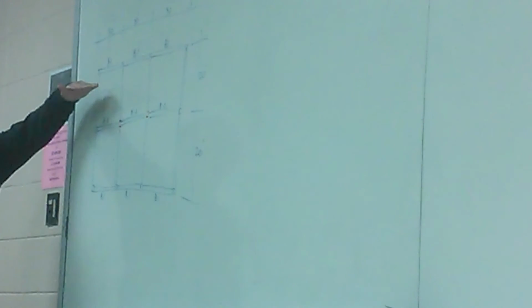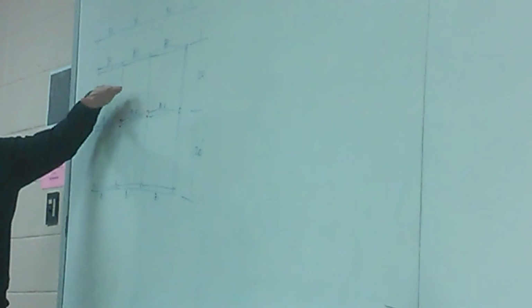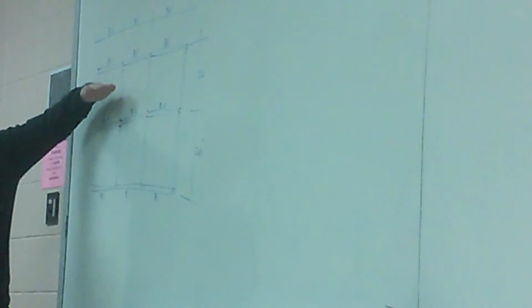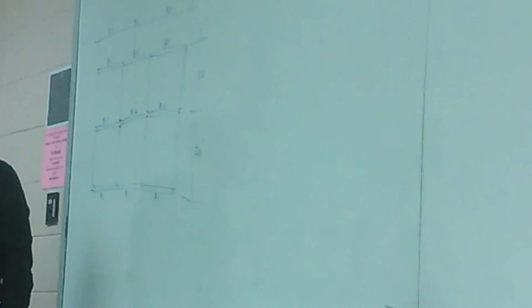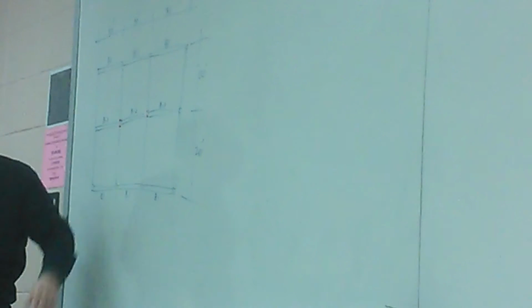Why? If I split the top half of the slab to be carried by that beam and the bottom half carried by the bottom beam, the bottom beam and the top beam carry the same thing, symmetrical. But the one in the middle carries double of that, top half and bottom half. So this is supposed to be bigger than this.